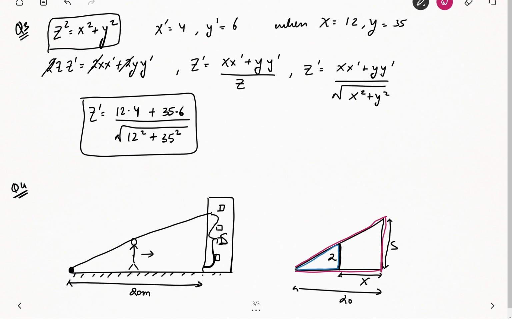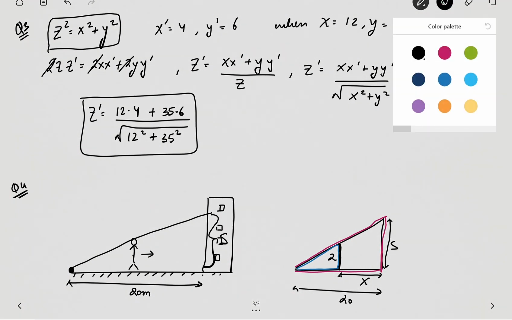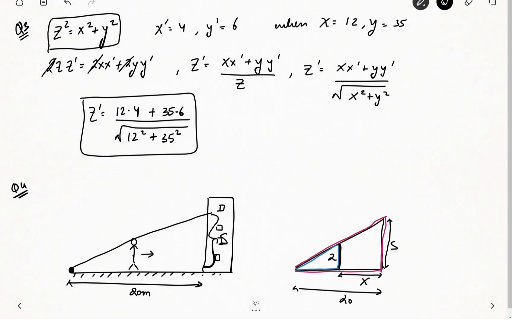So we can use the proportions to find the relationship. We're going to take this side, the perpendicular side, not the hypotenuse. The perpendicular of the small triangle is 2, and the perpendicular of the big triangle is going to be S. However, you have to take the ratios.